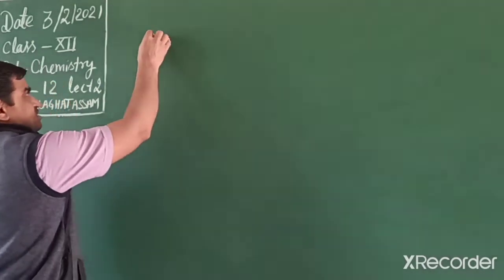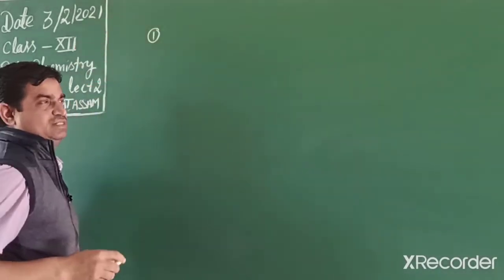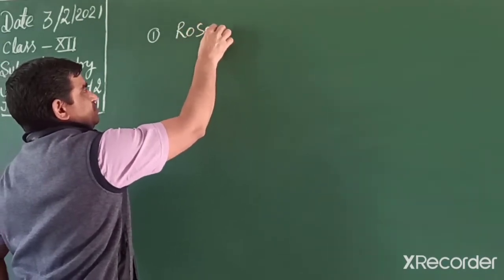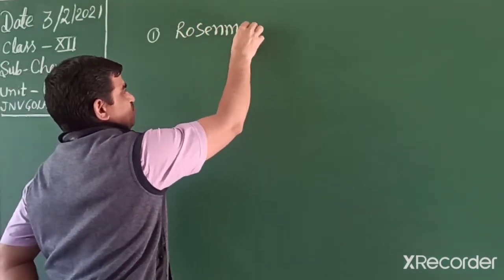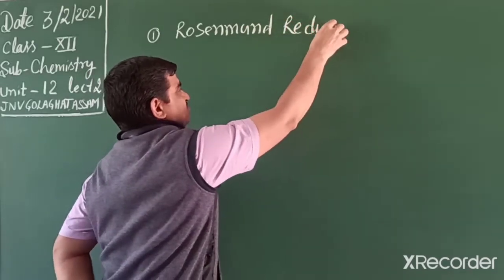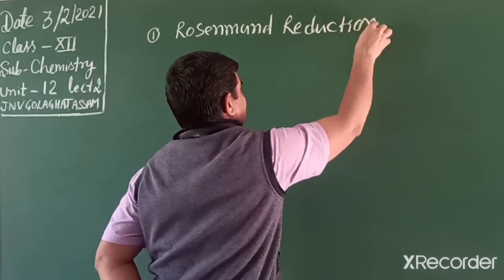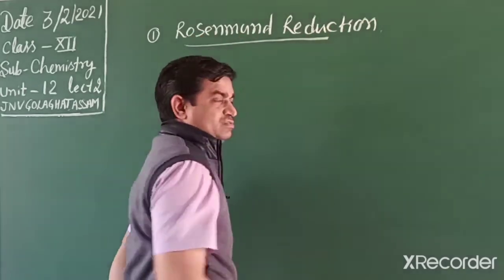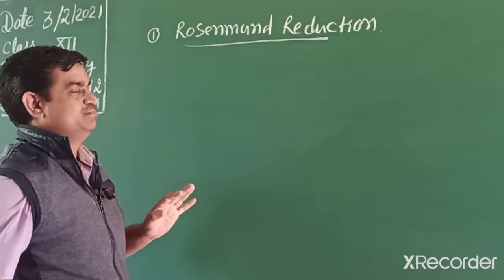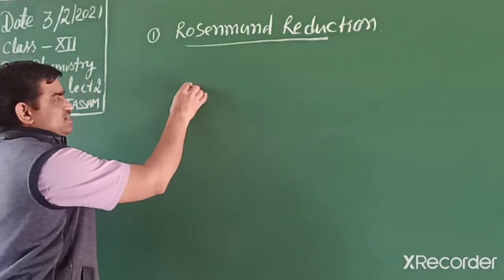In the first reaction, that is Rosenmund reduction. This one is a special name reaction, named after a scientist, Rosenmund, from acyl halide.